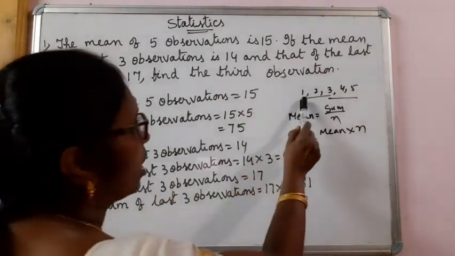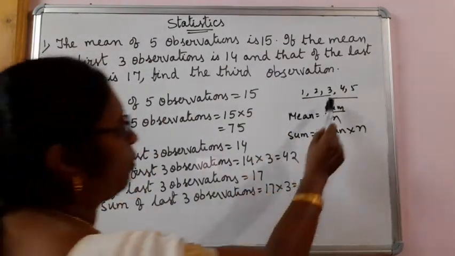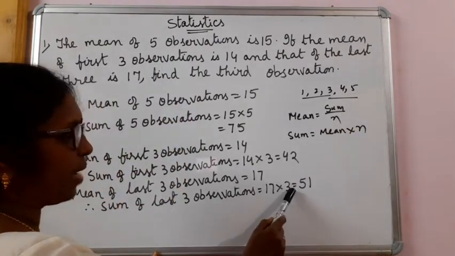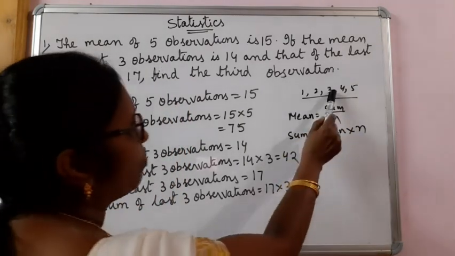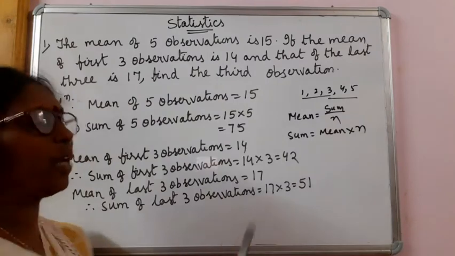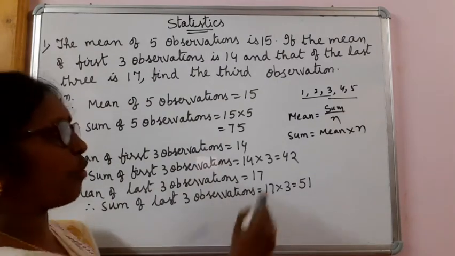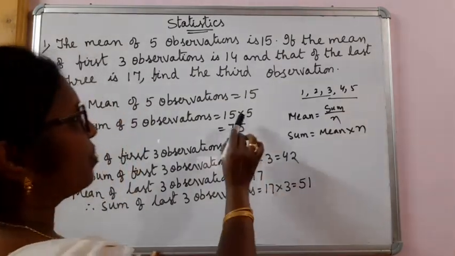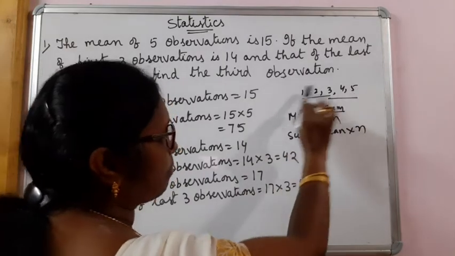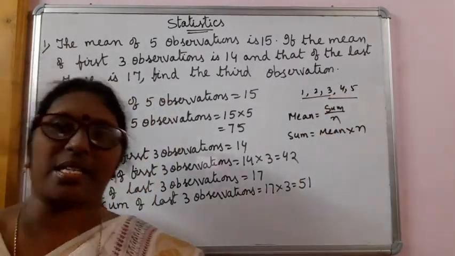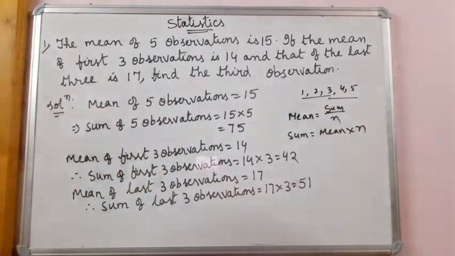Already I told you, the sum of the first 3 is 42 and the sum of the last 3 is 51. When we add these two, the third observation we are counting twice. So from the sum of these two, if we subtract the sum of 5 observations, we get the third observation.